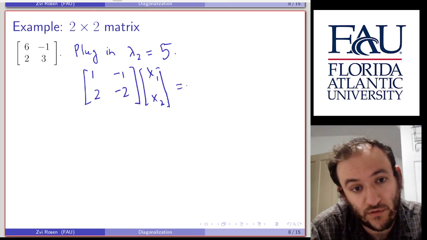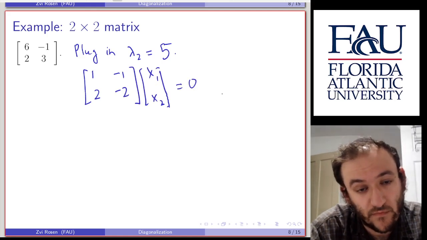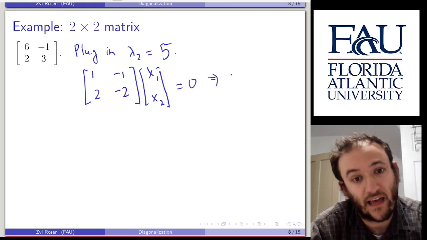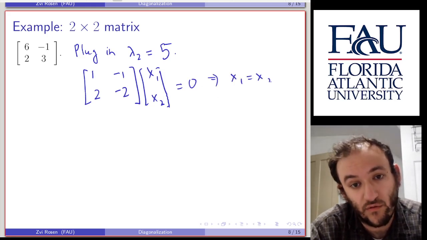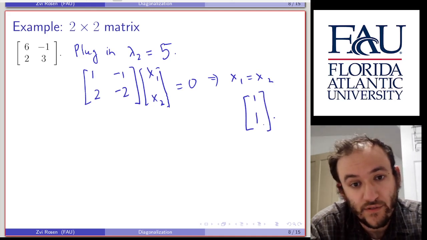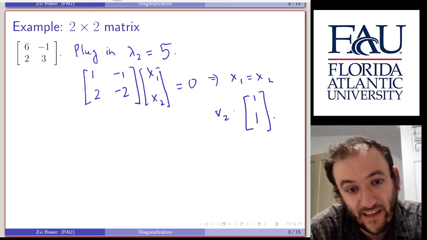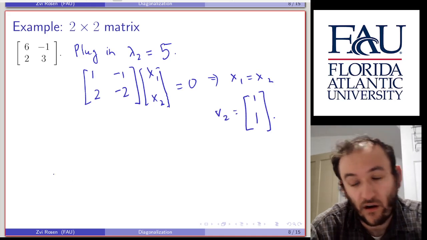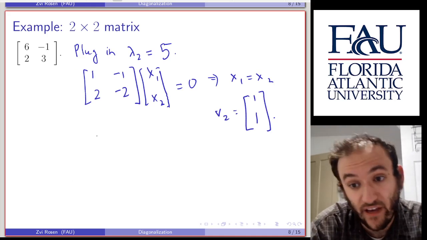This is equal to the 0 vector, which means that x1 equals x2, and the associated eigenvector is 1, 1. Okay. So we have our two eigenvectors and our two eigenvalues.